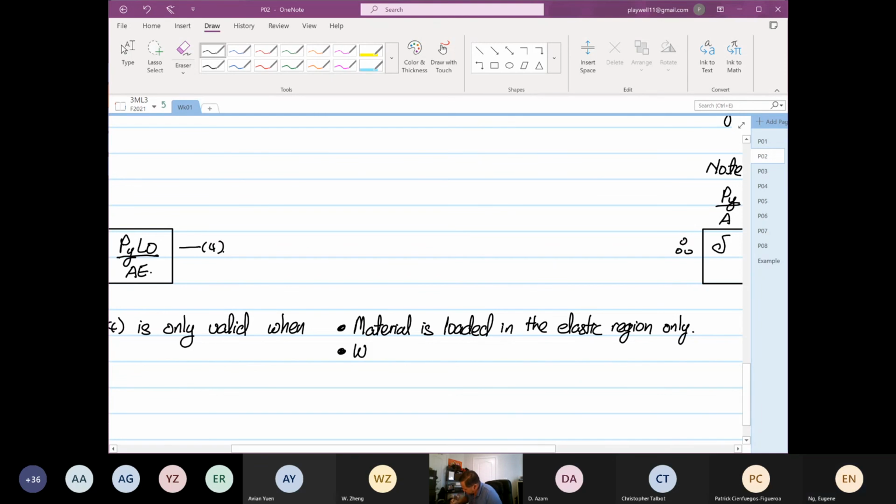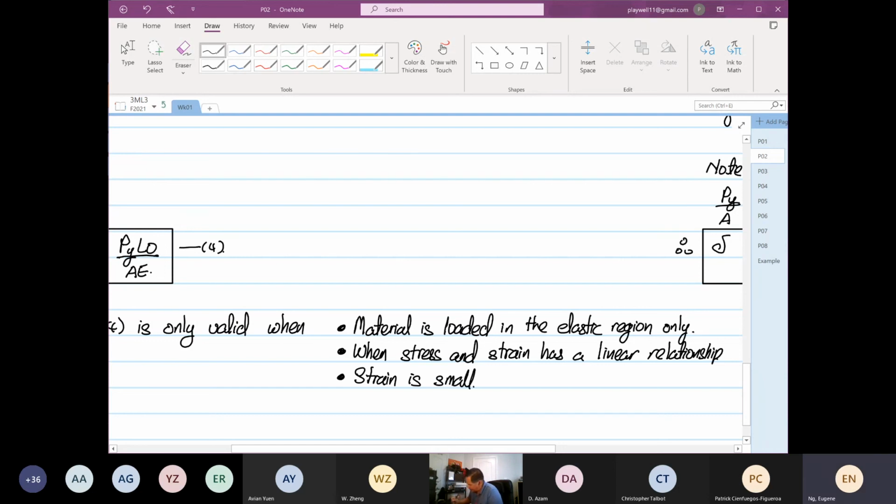When stress and strain have a linear relationship, the strain is small, and finally this is only true under axial loading condition only.